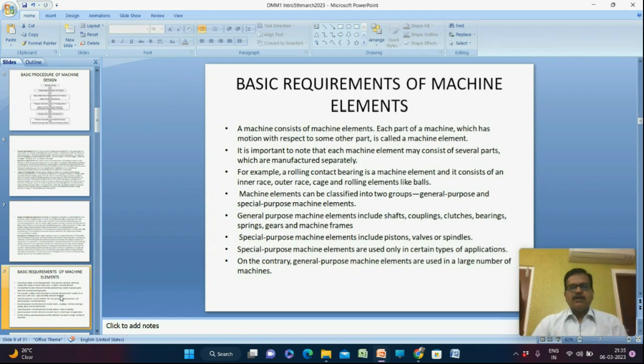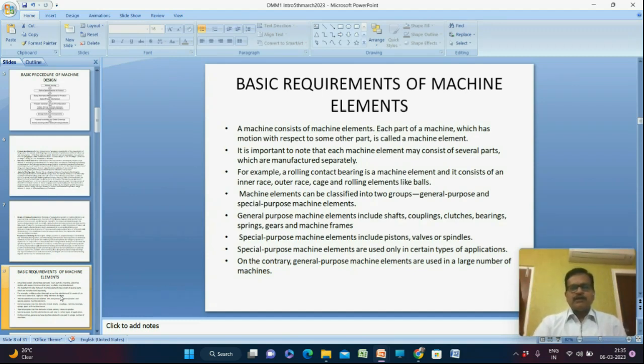For example, a rolling contact bearing is a machine element consisting of an inner race, outer race, cage, rolling elements like balls or rollers, etc. These are all the individual elements that together make a ball bearing or a roller bearing.